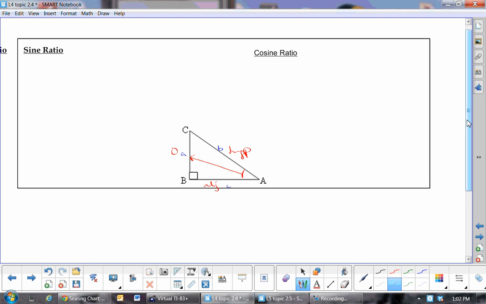So, the sine ratio, if you may not know, is, so sine theta equals opposite over hypotenuse. We're so used to saying opposite over adjacent, now we can't do that anymore. Now, according to this triangle, sine A would equal what over what?